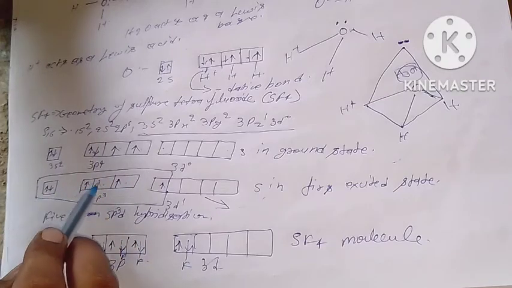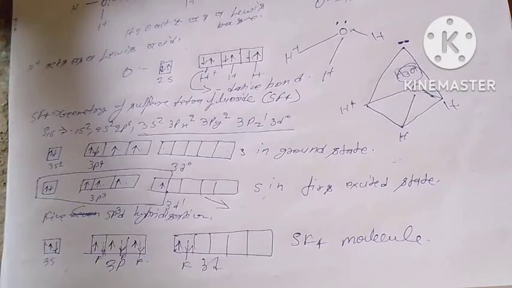These 5 atomic orbitals hybridize to form 5 sp3d hybrid orbitals. One hybrid orbital has a lone pair. The remaining 4 hybrid orbitals contain 1 electron each, which forms 4 sigma bonds.